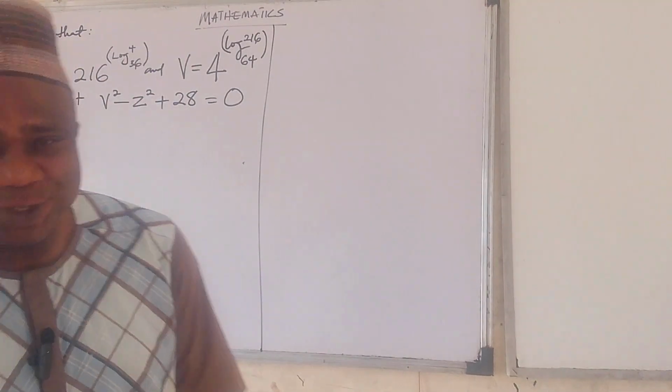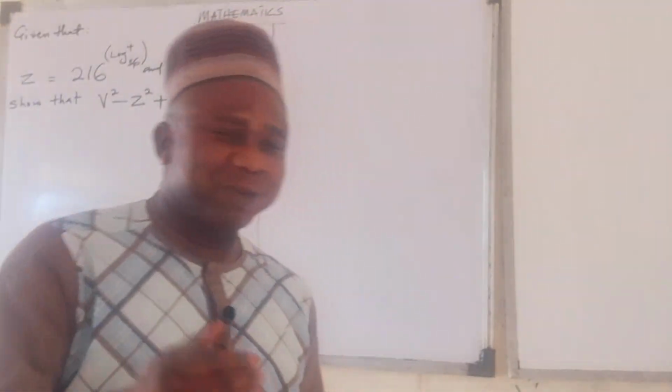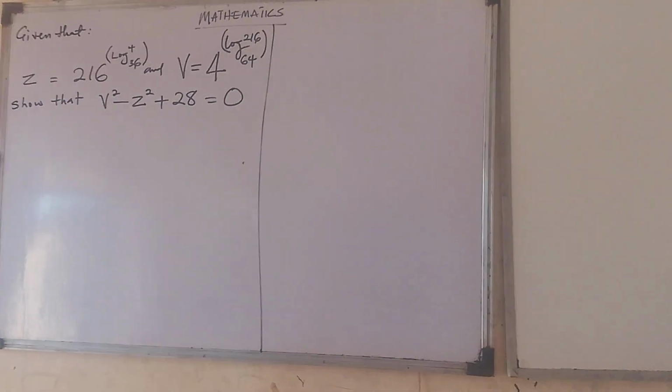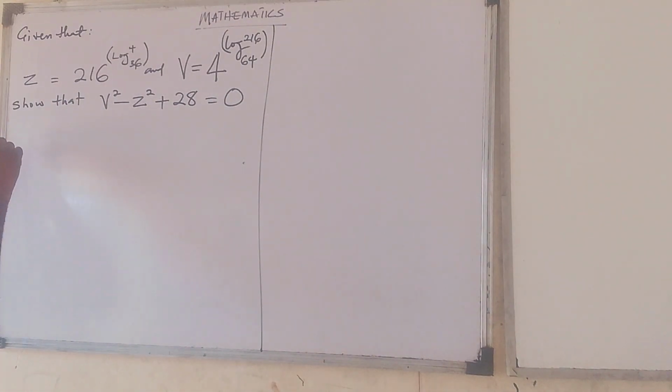Before we solve this question, let's flash back to some of the laws of logarithm. Remember we said that log m base n, when the number and the base are the same, the answer will give us 1.